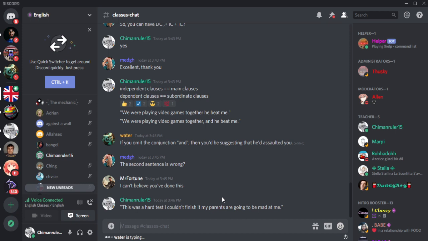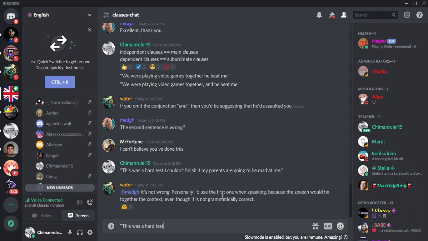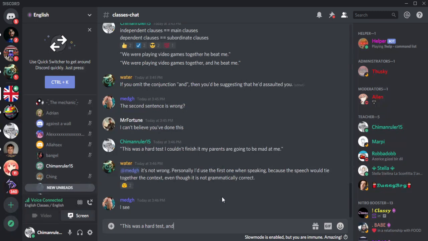This is a run-on sentence because these 3 ideas are not joined properly by conjunctions or by commas. There are no connections in this sentence. So to fix this, we need to add some commas and conjunctions. Or alternatively, you can just separate the sentences too. That works too.